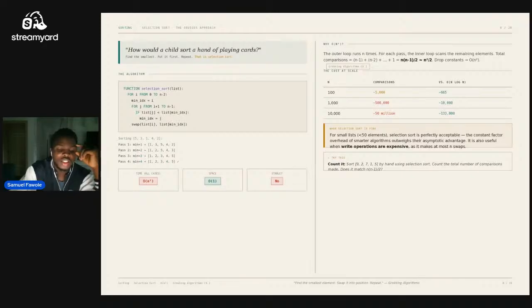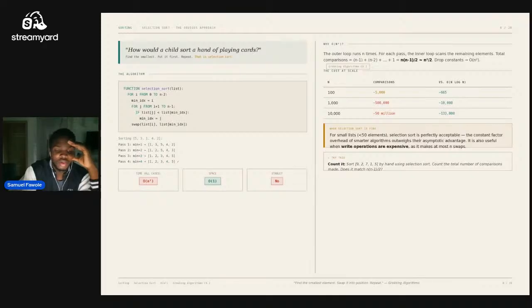So we check, is 3 less than 1? No. So since 3 is not less than 1, we swap. We check 3 and 5 rather. So is 3 less than 5? No. So we swap 3 and 5.